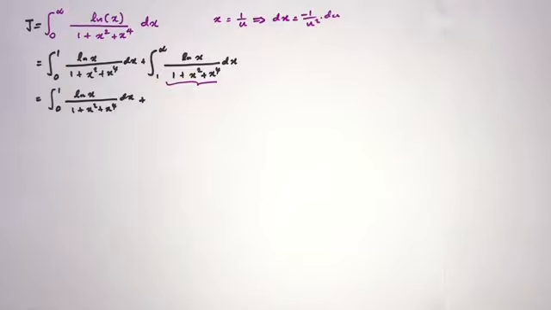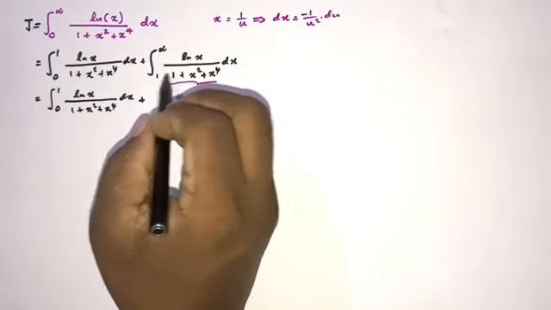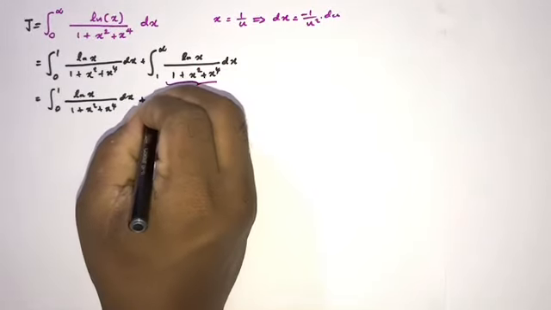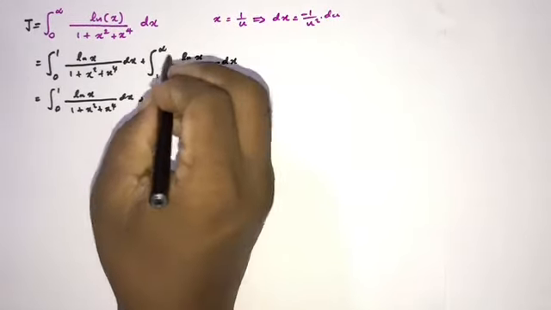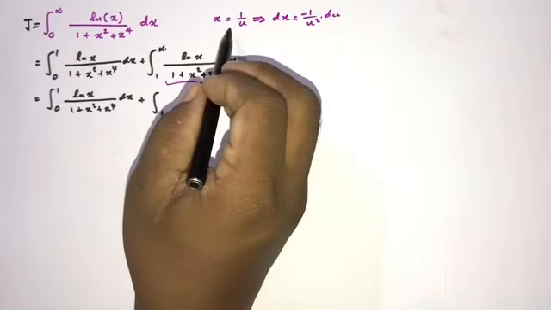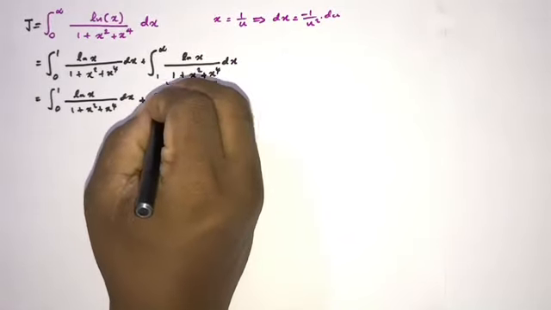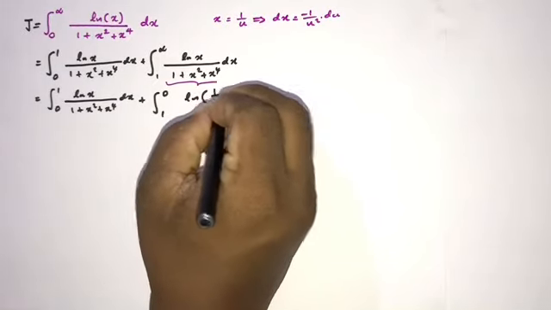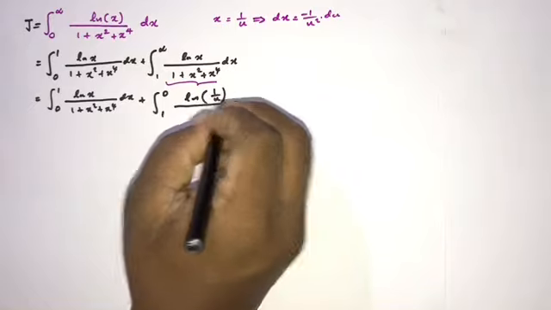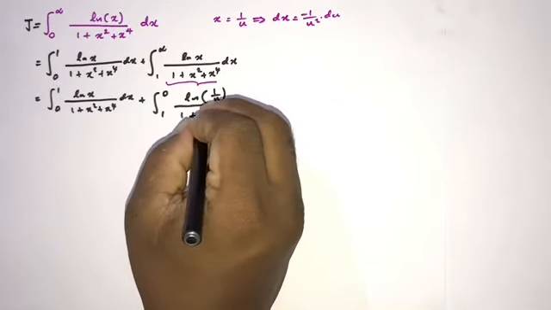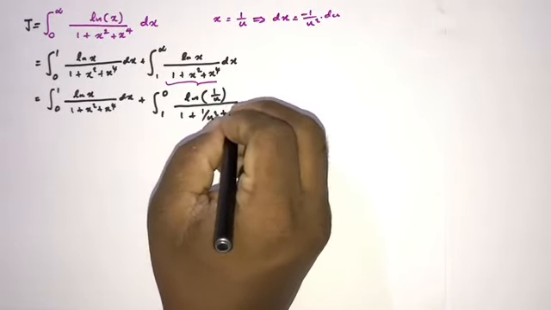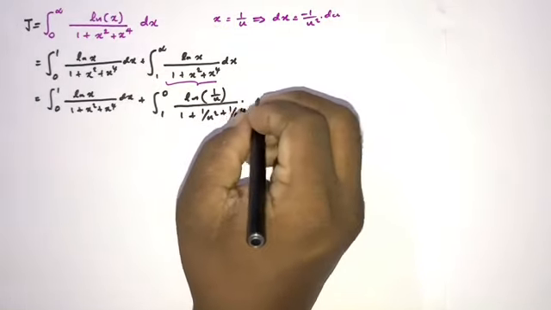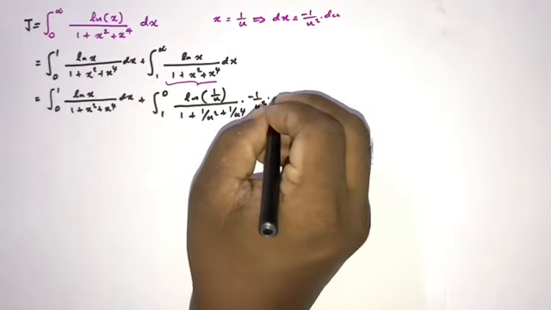Now we should change the boundary. So lower limit, when x approaches 1, u also approaches 1. When x approaches infinity, the upper limit, u approaches 0. So 1 to 0 of natural log of, now x is 1 over u, over 1 plus x square, so 1 over u square, plus x to the fourth power, 1 over u to the fourth power, and dx is minus 1 over u square du.